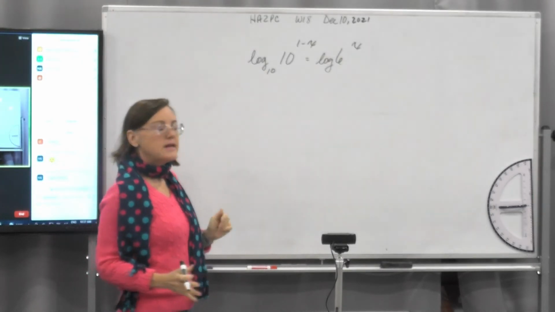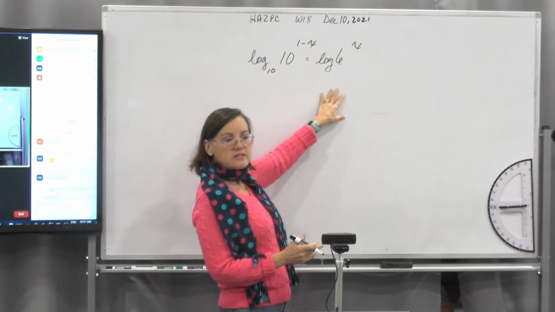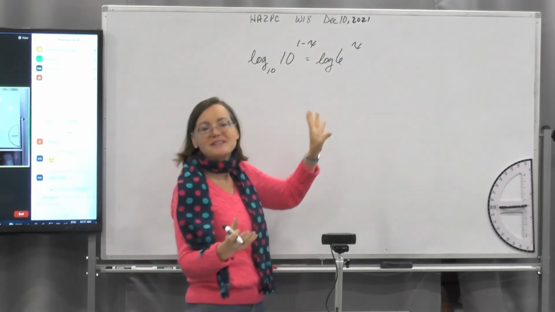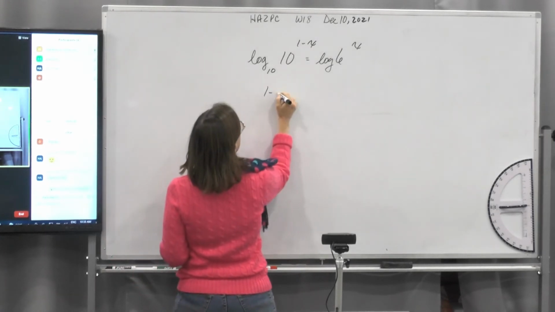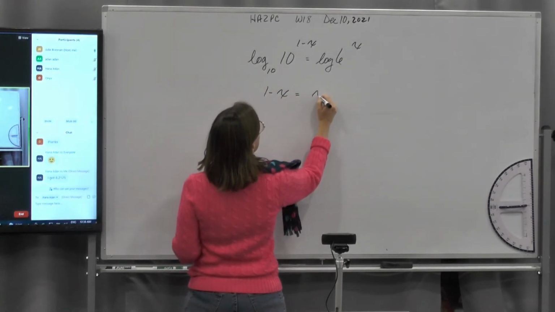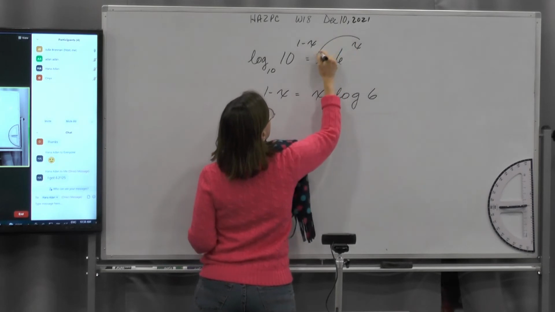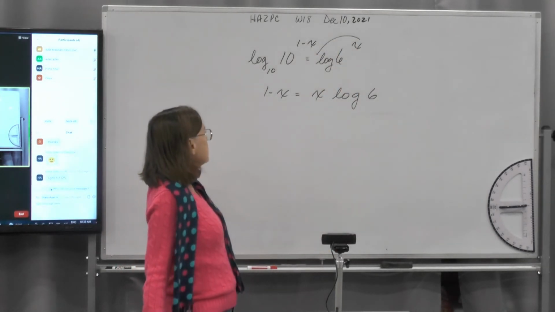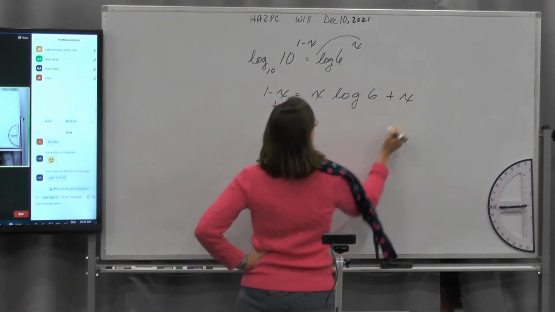Like I said, if this was a natural log or a base 10, then it's going to be the same as if you had expressed 1, okay? So I'm going to get 1 minus x is equal to x times log of 6, bringing that over. Next step, add my x to both sides.